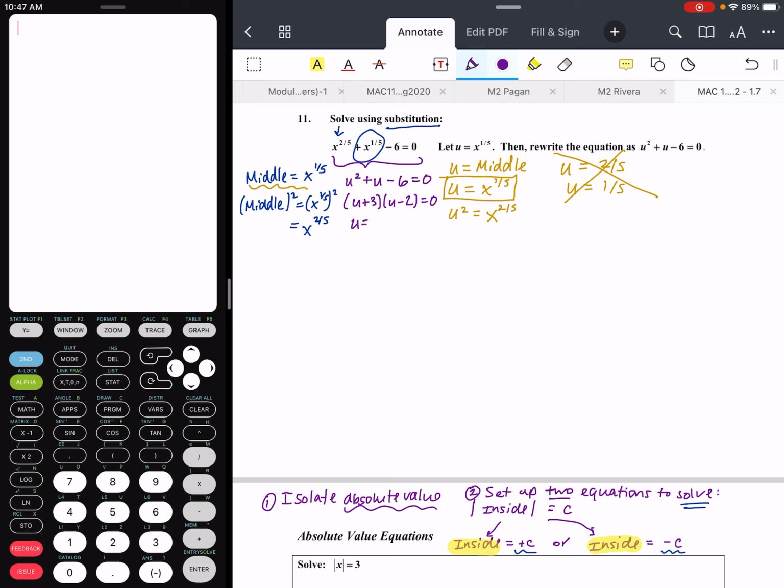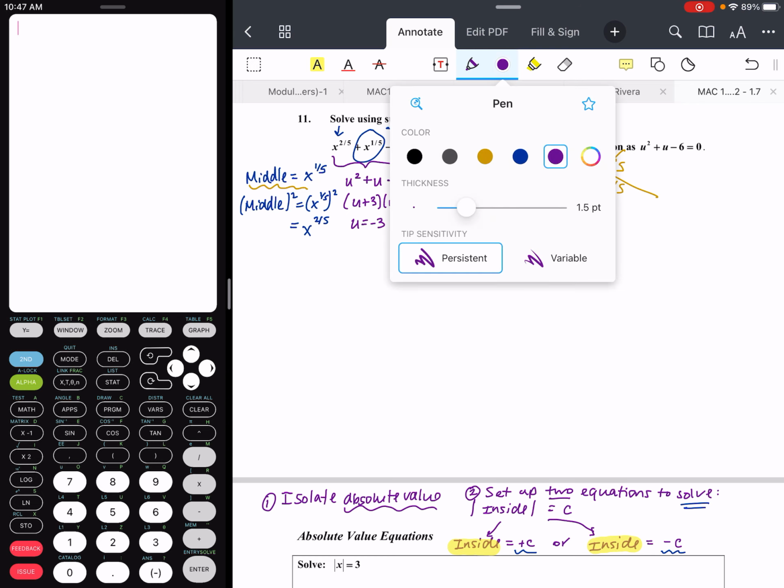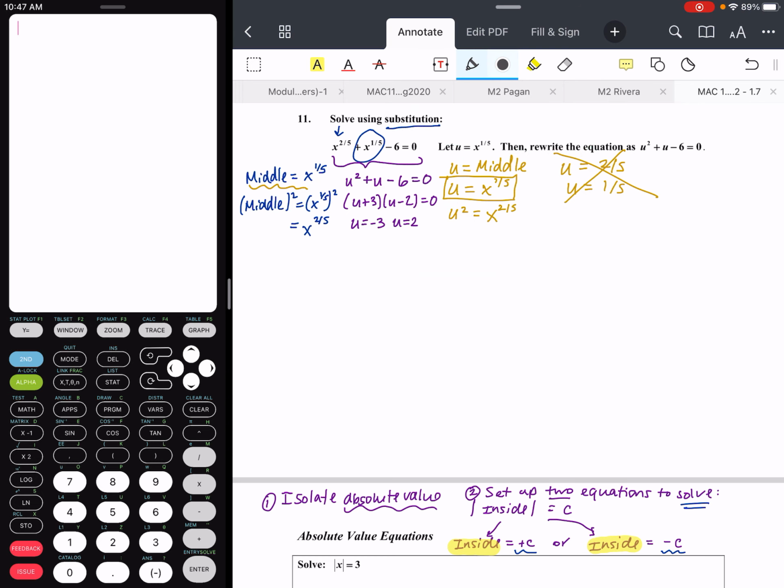U plus 3 equals 0 means u equals -3. U minus 2 equals 0 means u equals 2. But then remember that I need to go back in and replace u with x to the 1/5. So where it says u equals -3, this is actually x to the 1/5 equals -3. And u equals 2 is x to the 1/5 equals 2.